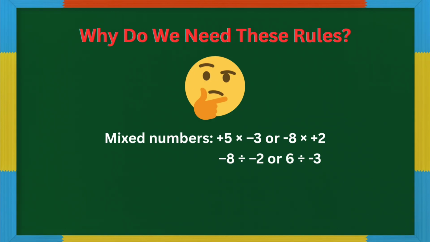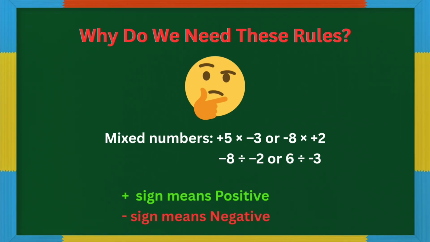Similarly, minus 8 divided by minus 2 or 6 divided by minus 3. As we know, the plus sign means positive and minus sign means negative. So we must follow the rules of signs to get the correct answer.